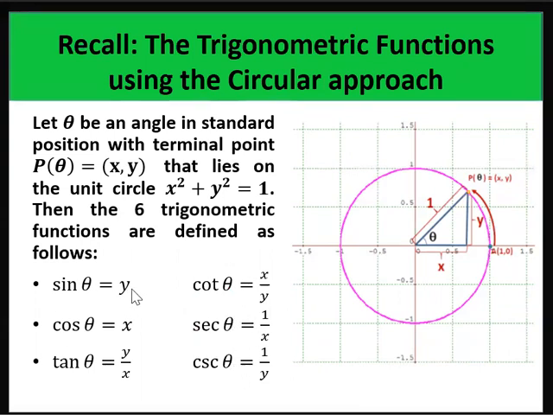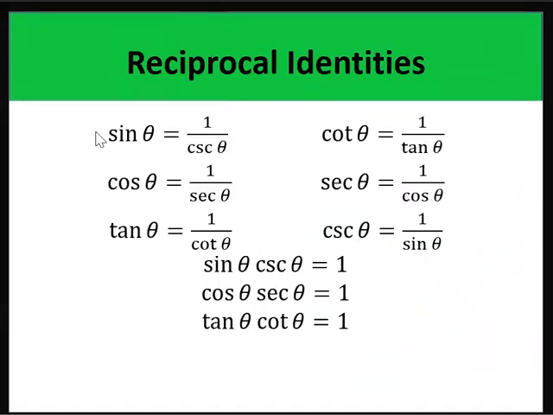So observe that sine and cosecant are reciprocals of each other, cosine and secant are reciprocals of each other, tangent and cotangent are also reciprocals of each other. So we can define the following reciprocal identities. So these are the six reciprocal identities, and if we multiply those functions that are reciprocals of each other, then their products must be equal to 1.